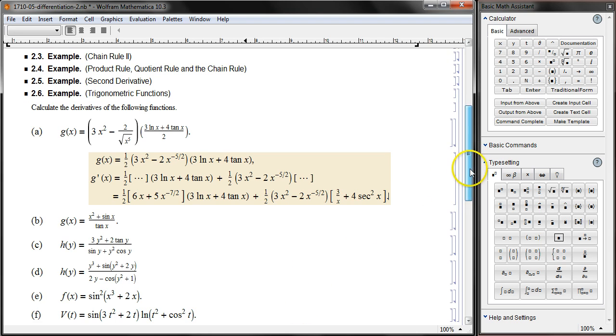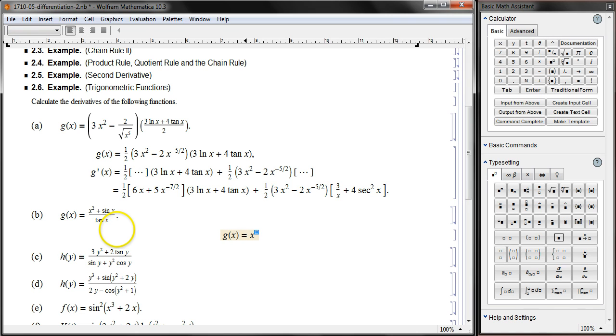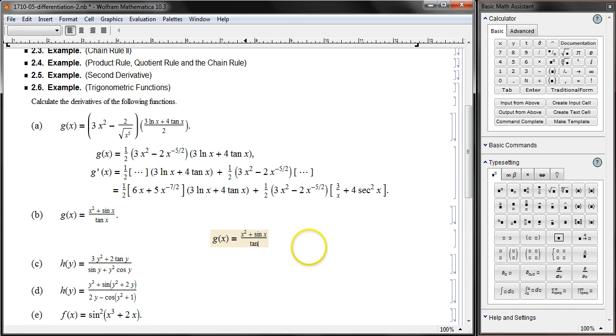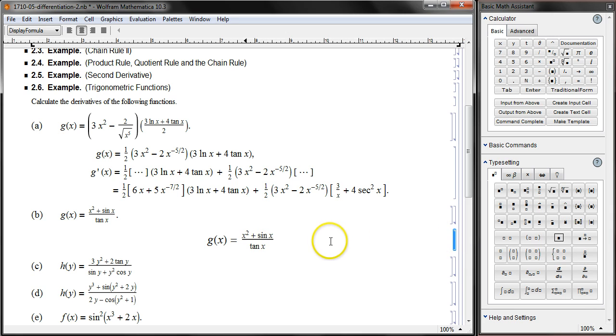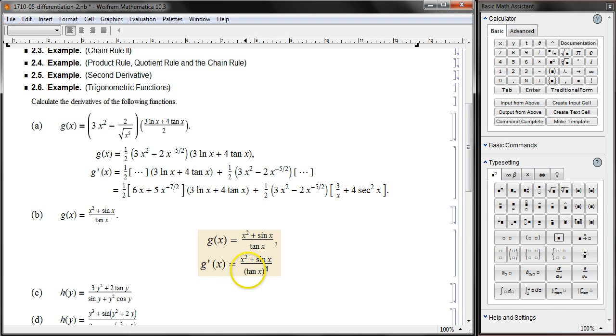Next, x squared plus sine of x, divided by tangent of x. Okay, this looks like a quotient rule. Quotient rule requires a little bit bigger font for better understanding, so let's go ahead and do that. We need the denominator squared. That's really conspicuous, so very few people make mistakes there.